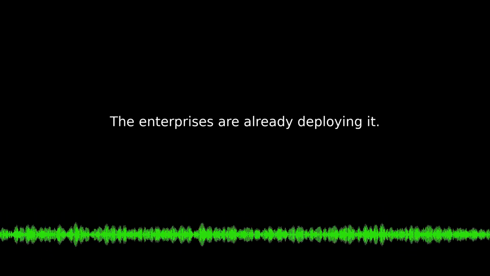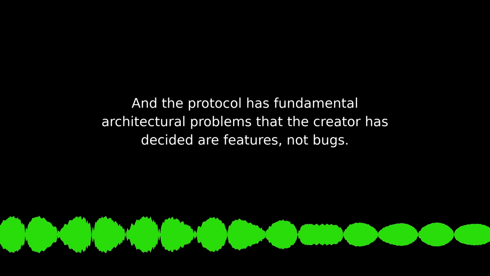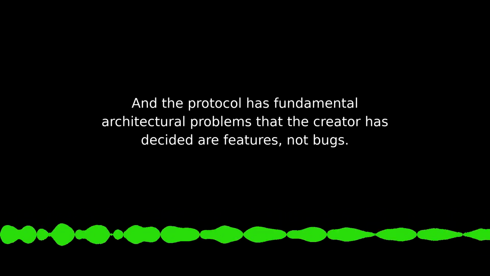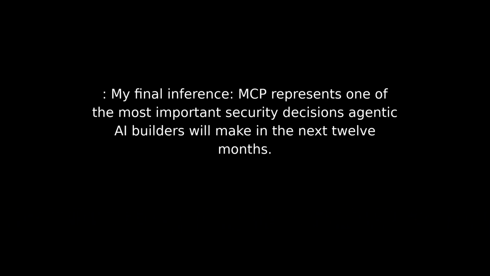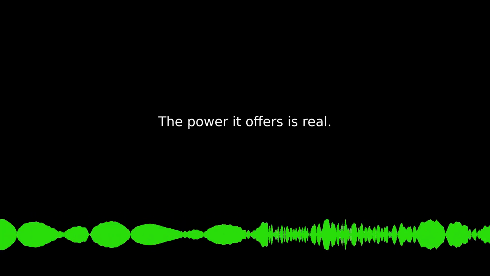So, where does this leave us? MCP is everywhere. It's not going away. The enterprises are already deploying it. And the protocol has fundamental architectural problems that the creator has decided are features, not bugs. My final inference. MCP represents one of the most important security decisions agentic AI builders will make in the next 12 months.